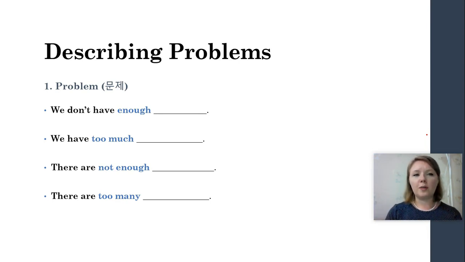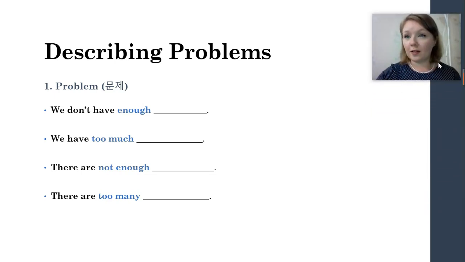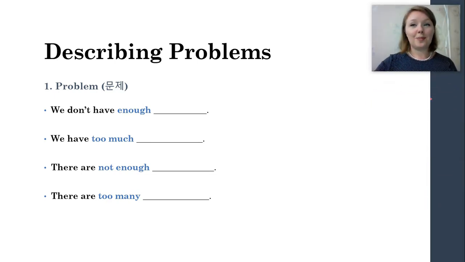So there are many ways we can describe problems. And remember from before, we can use words like too much, too many, enough, and not enough. Let me move my face again. Don't want to be in the way. So let's go ahead and fill in these blanks with some examples. If we're describing a problem, first we say, what is the problem? For example, we don't have enough free time.